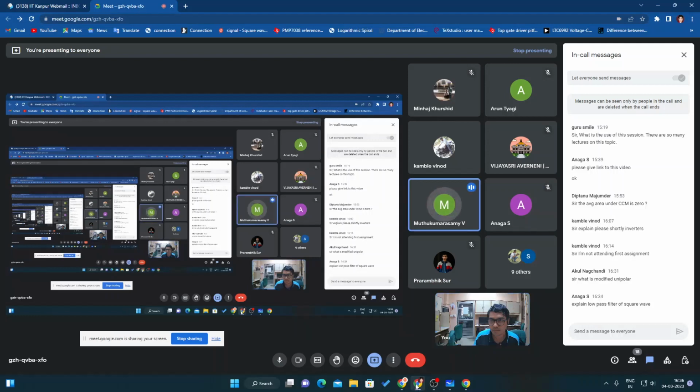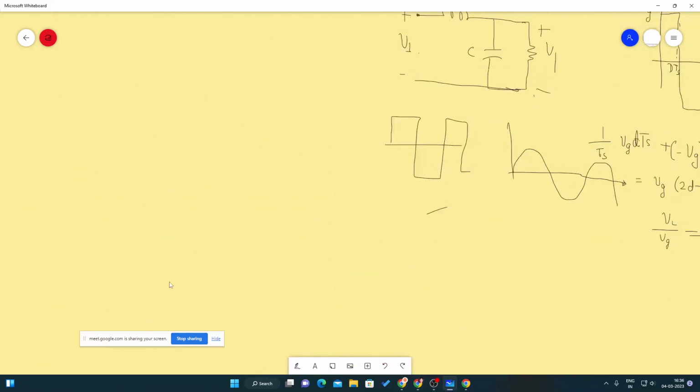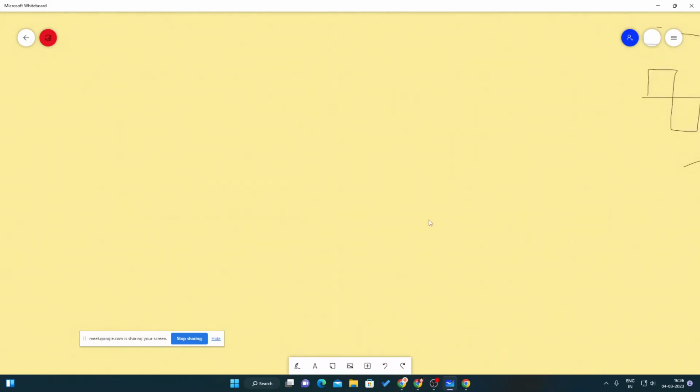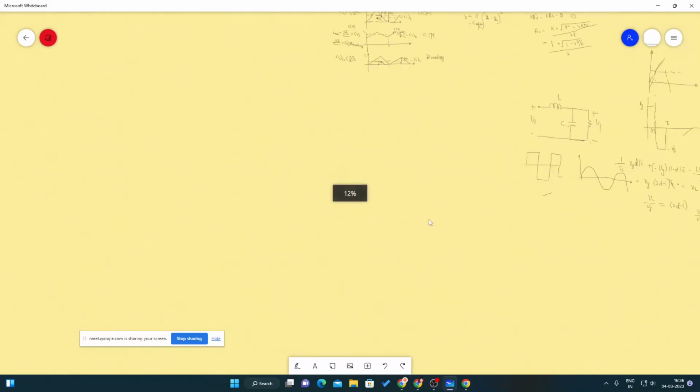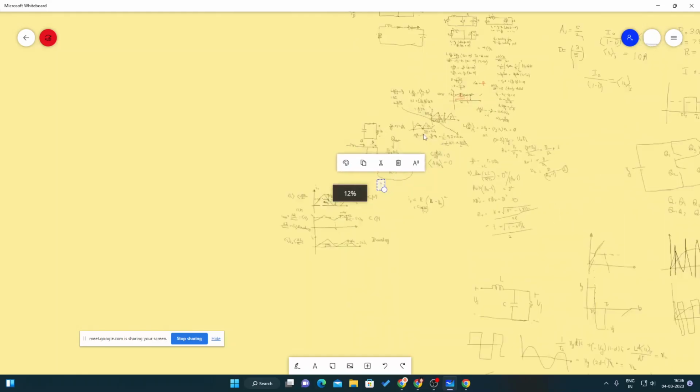Sir, actually we have a triangular wave just touching the zero for calculating critical inductance. Critical inductance was calculated somewhere here.